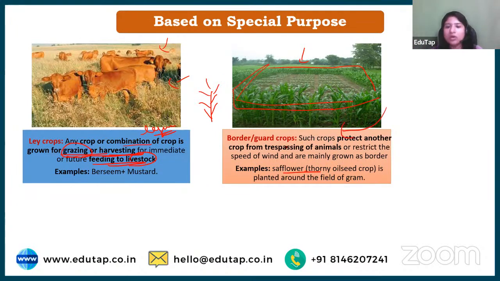That is why these crops are grown in the border. They guard the main crops from trespassing of animals. However, if the animal still enters after that, that's a completely different thing, but the purpose is to avoid trespassing of animals. Thorny crops, like sunflower, are thorny, so an animal would not want to pass through them. So such examples are there in the case of border or guard crops.